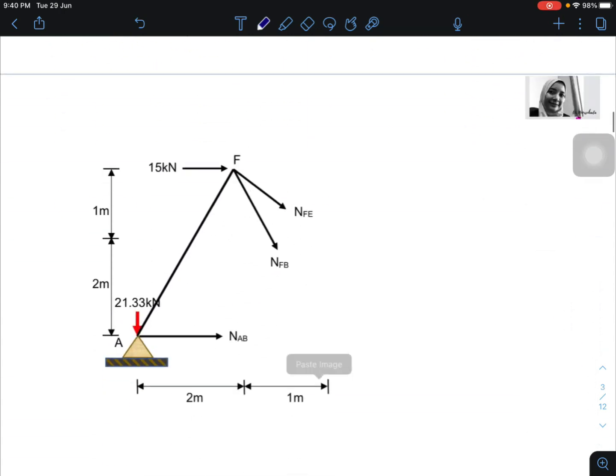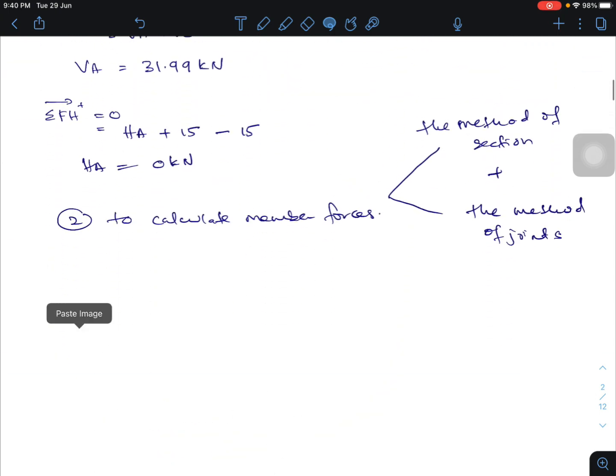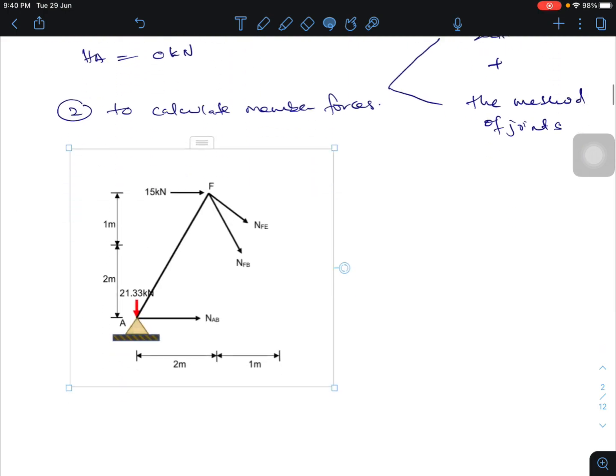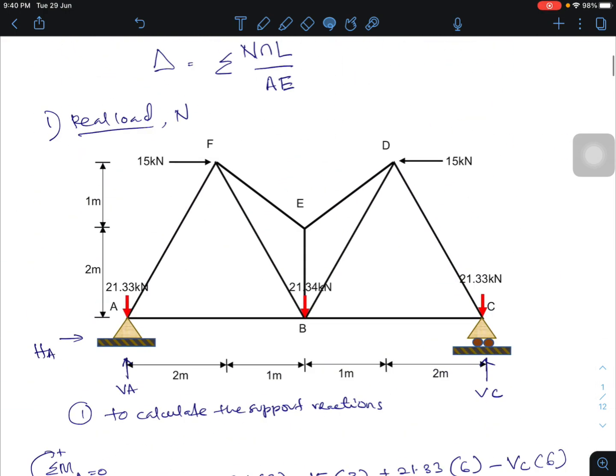For the method of sections, this is the free body diagram for this section. I cut at this part, which means you can identify three internal forces, three member forces.